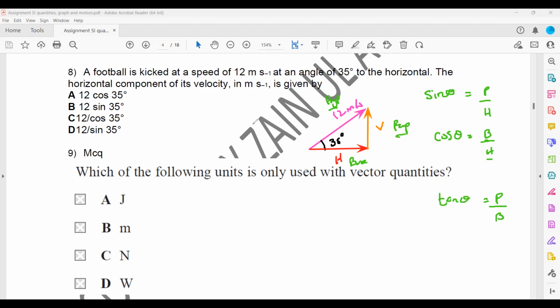So we can say that cosine 35 is equal to the base, which is the horizontal component, which we don't know, divided by the hypotenuse, which is 12. 12 is divided, so on the other side it will be multiplied. So this is equal to 12 cos 35. So the horizontal component is always with cosine and the vertical component is always with sine.